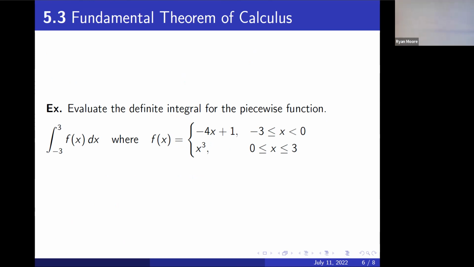We're going to look at the definite integral from -3 to 3 f of x dx, where f of x is piecewise. It's negative 4x plus 1 between -3 and 0, and it's x cubed from 0 to 3. Interesting. Okay.